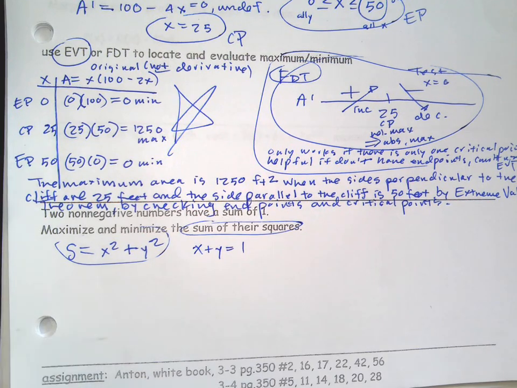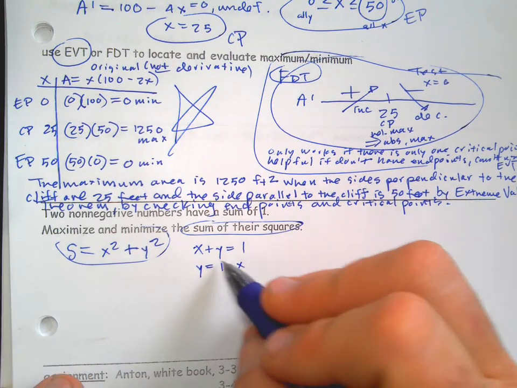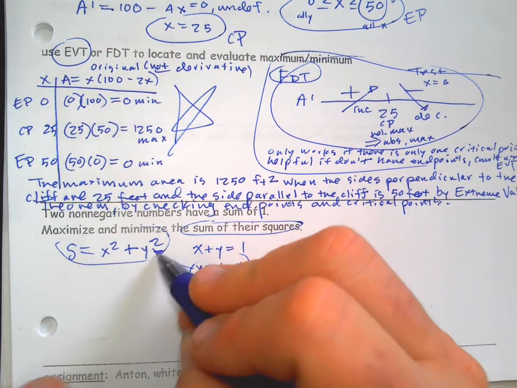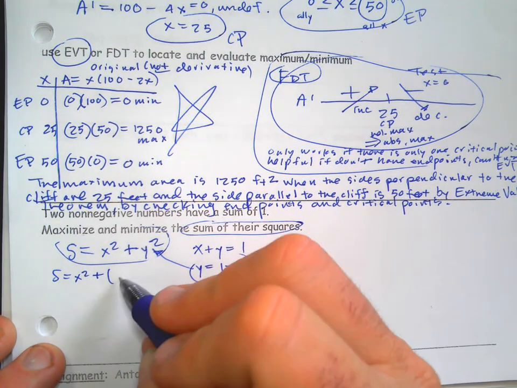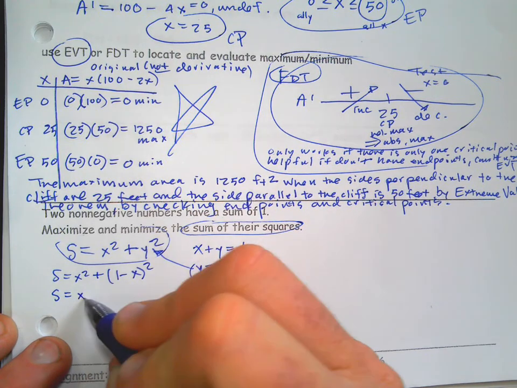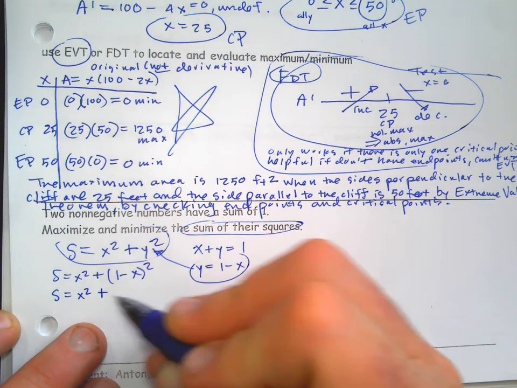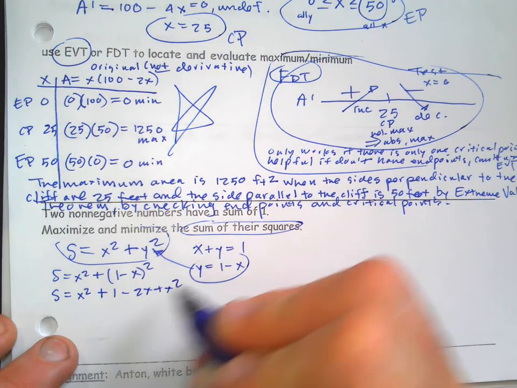So now we can solve for y in terms of x, or x in terms of y. Y equals 1 minus x. I'm going to plug that in here. So S equals x squared plus (1 minus x) squared. If we work this out, x squared plus 1 minus 2x plus x squared.